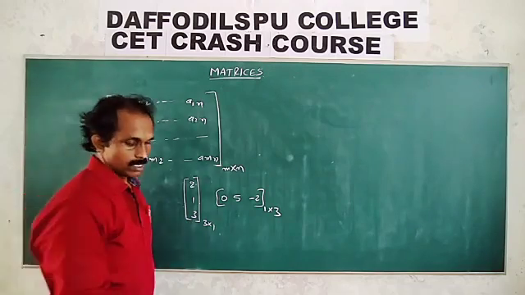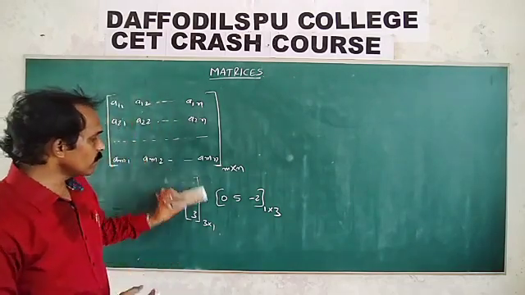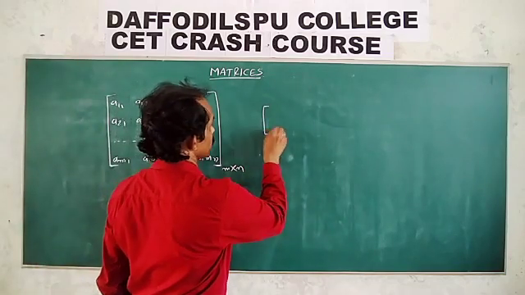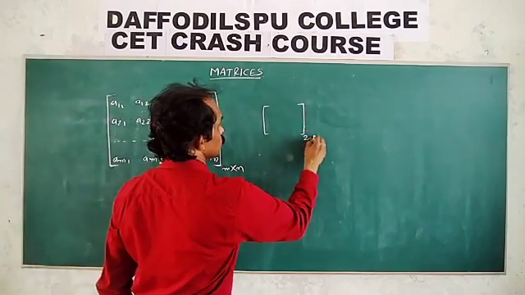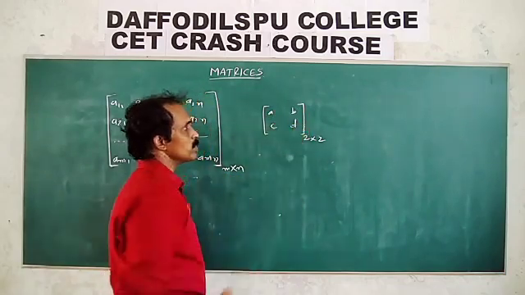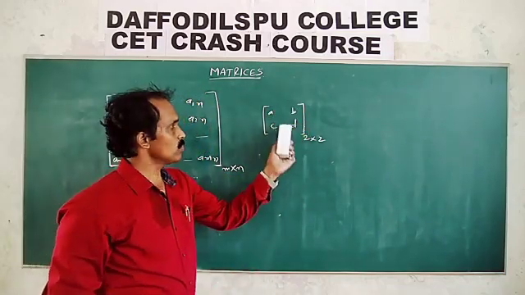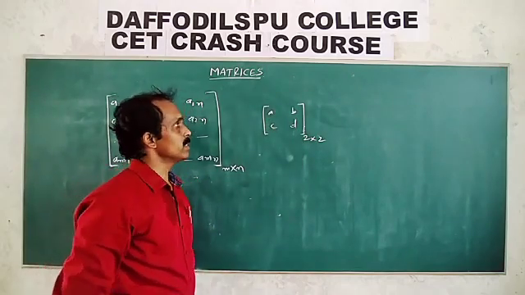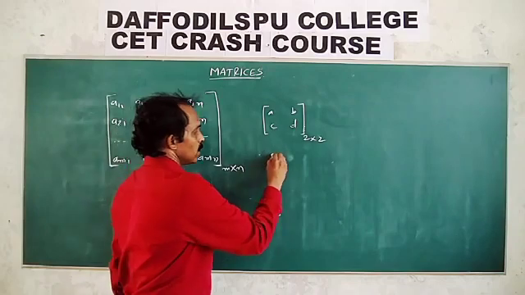The next definition is square matrix. Suppose 2 by 2 or 3 by 3: when rows and columns are equal, the matrix is said to be a square matrix.